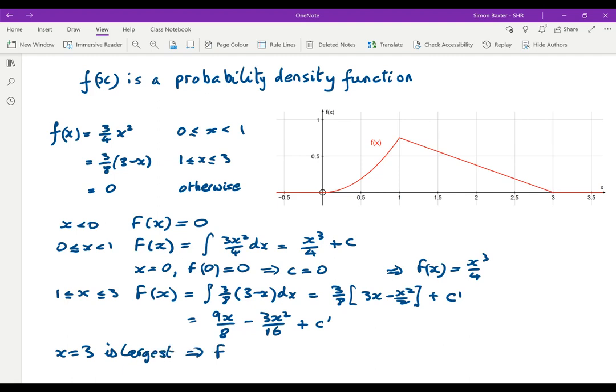Therefore, big F of 3 must be 1. Big F of 3 is 9 times 3, that's 27 over 8, minus 3 times 3 squared, that's 27 over 16, plus c dashed. And if we work that out, we discover that c dashed is minus 11 over 16.